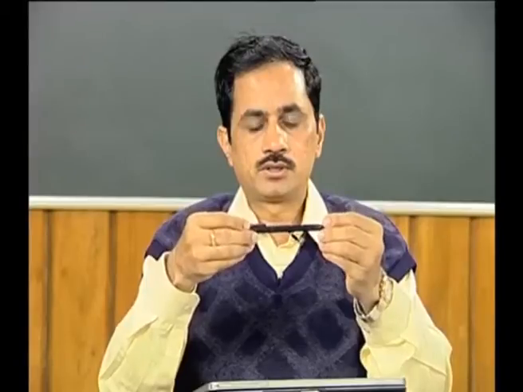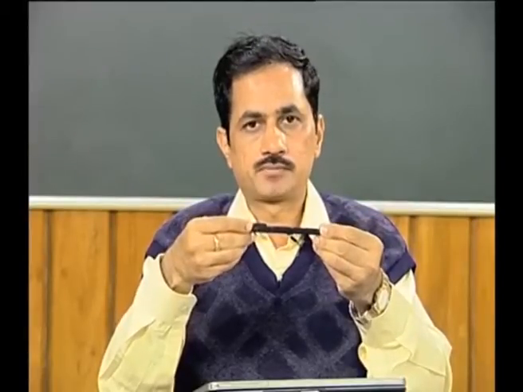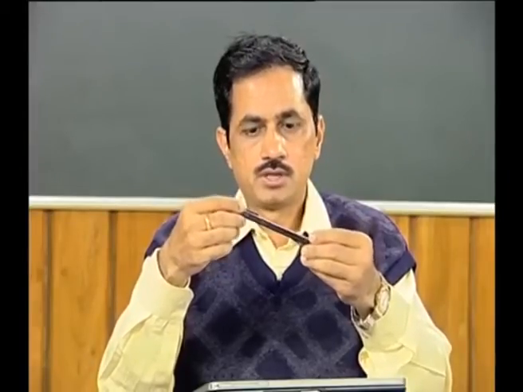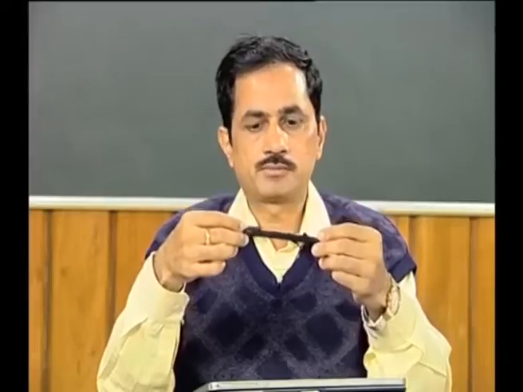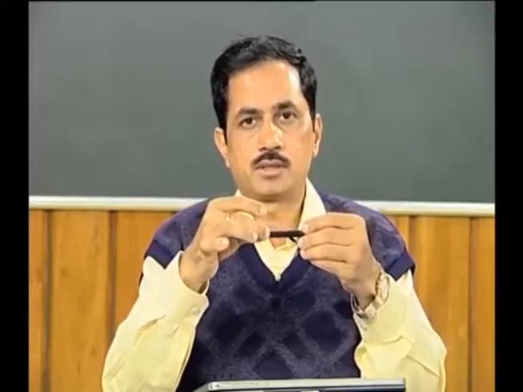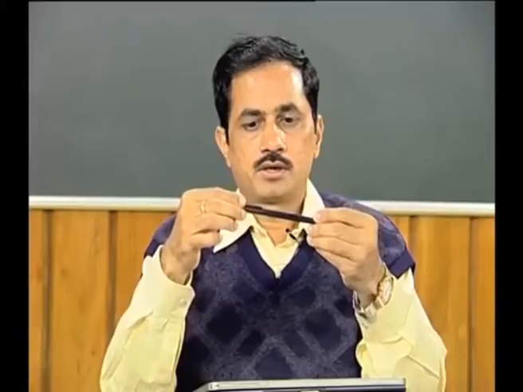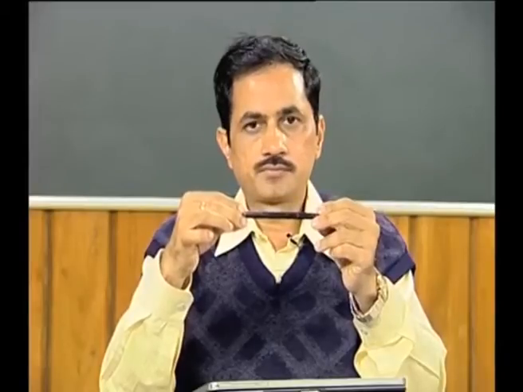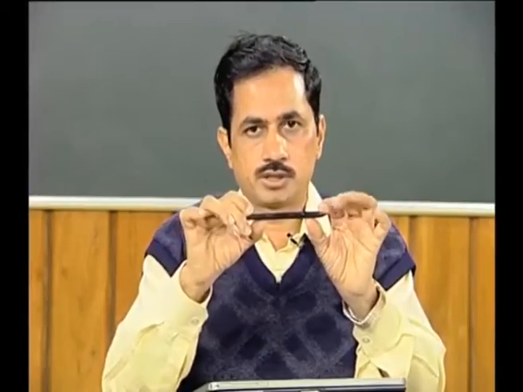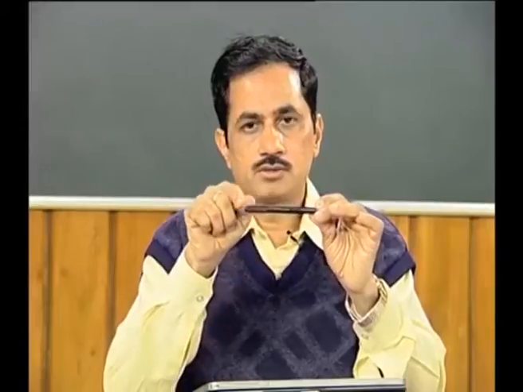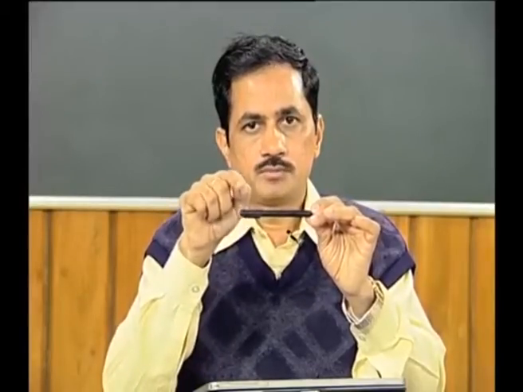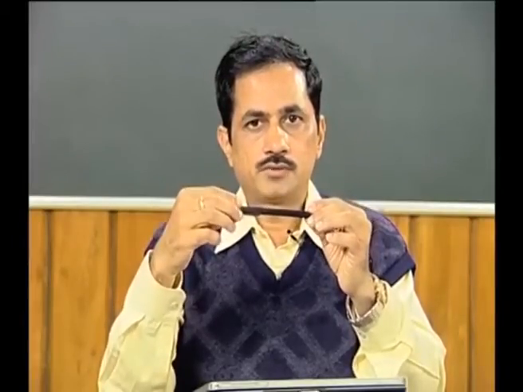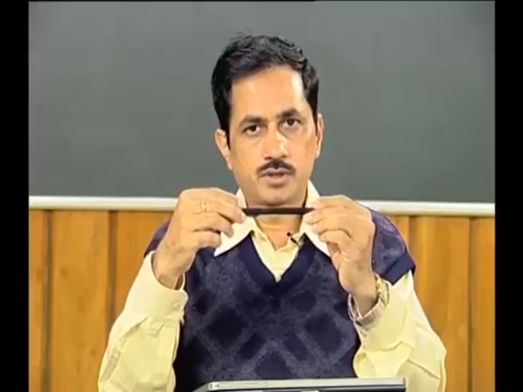Whatever the displacements of the bearing, that will be given to the two ends of the shaft when we consider the shaft as rigid. Because of the bearing displacements, the disc will have some displacement. In the second step we consider the bearing as rigid, and because the shaft is also flexible, it will deform in some shape. Because of that, what is the displacement of the disc? These two displacements we need to add vectorially.